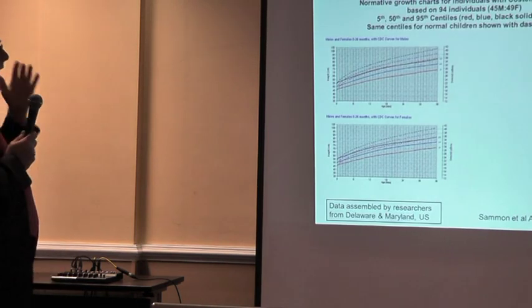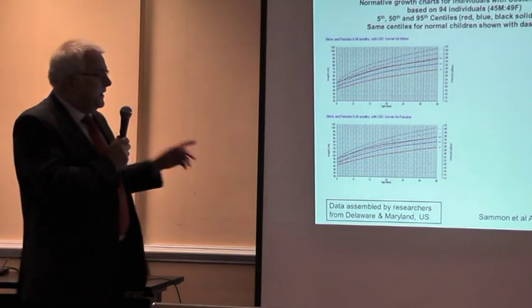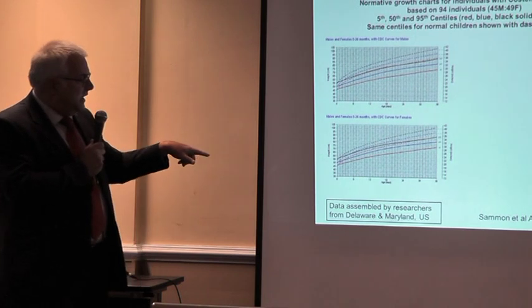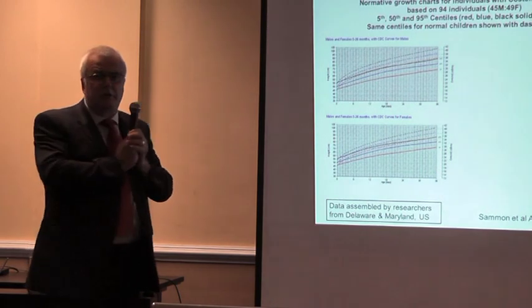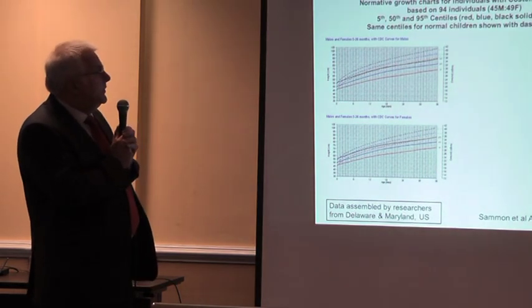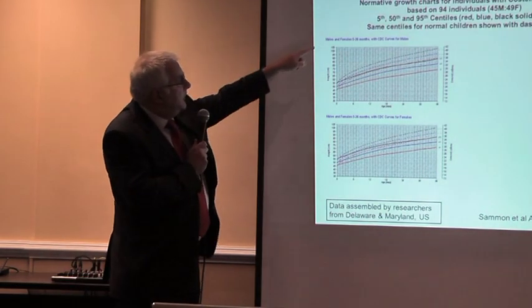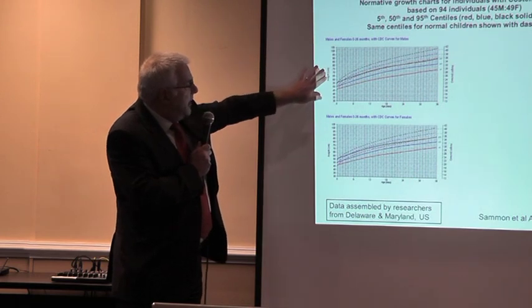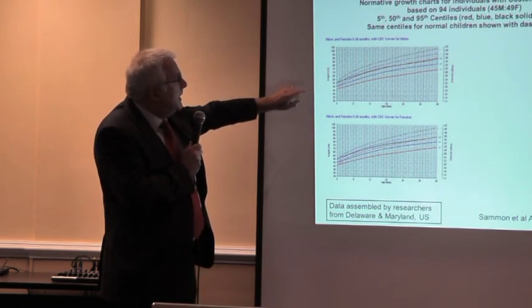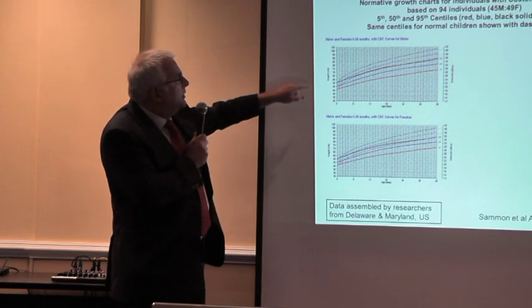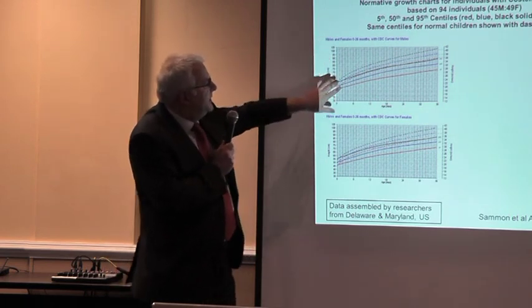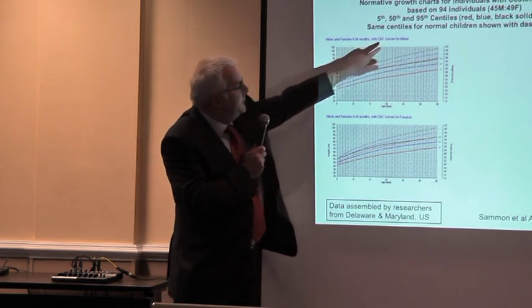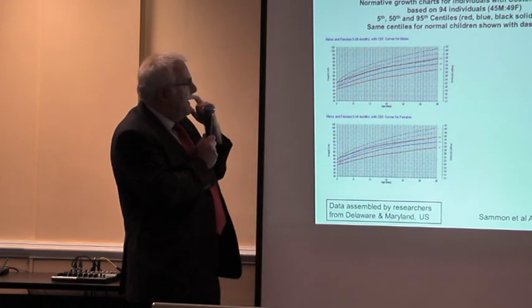Okay. And you may be familiar with this publication. The data was assembled from quite a large number of Costello individuals. These are the growth charts for the first 3 years of life. They're actually combined males and females, but this has been compared to the normal curves for males and the normal curves for females.